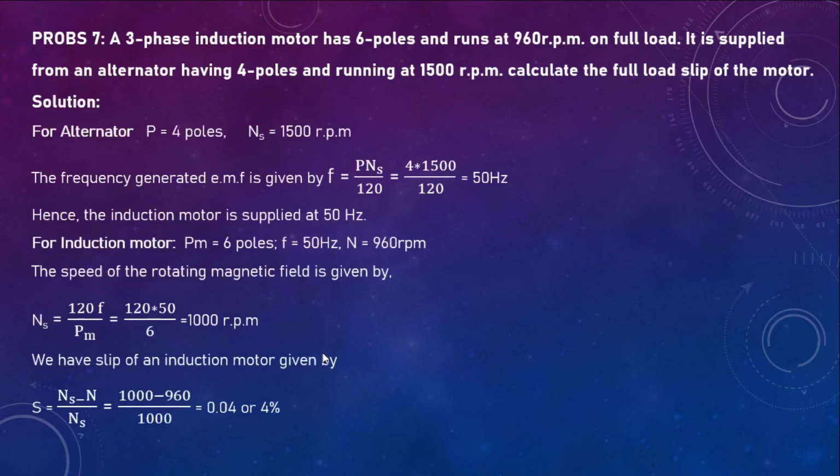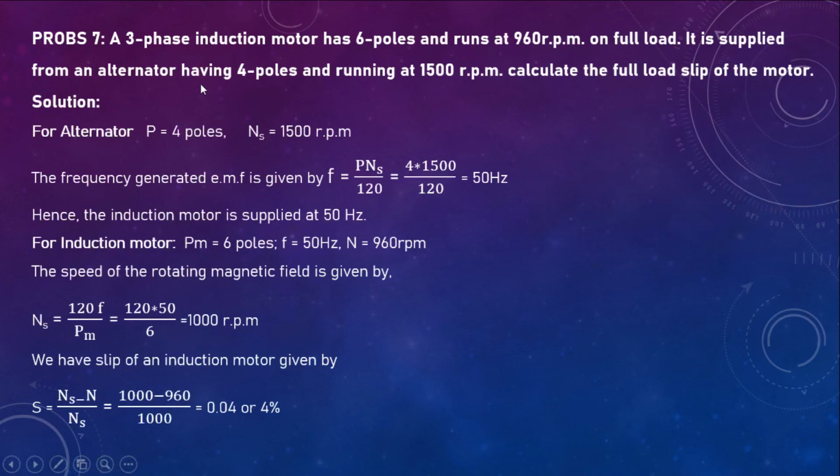Next problem. A 3-phase induction motor has 6 poles and runs at 960 rpm on full load. It is supplied from an alternator having 4 poles and running at 1500 rpm. Calculate the full load slip of the motor.